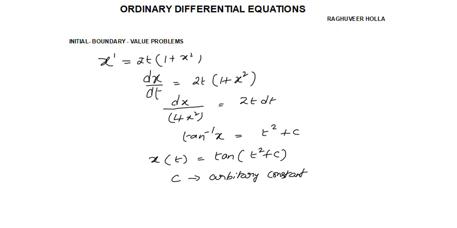For each value of c, we get distinct solutions. We can say that we get a one parameter family consisting of an infinite number of solutions.